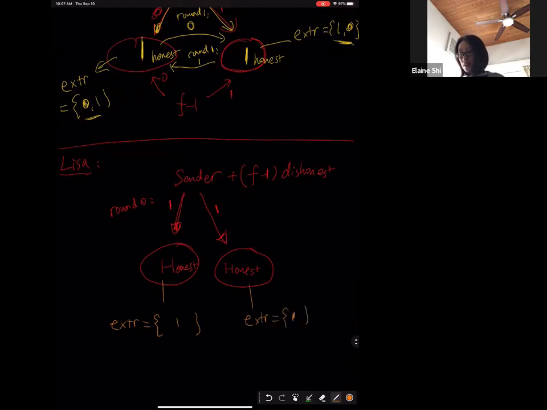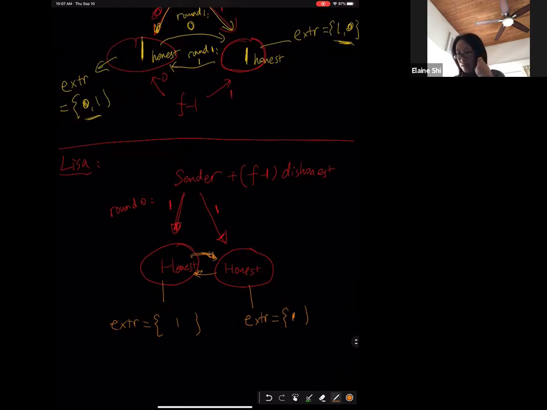And then the protocol continues. When the honest nodes add 1 to their extracted set, of course they inform each other that they have done so, but because everyone has done that, they'll receive the message, but the message doesn't trigger any more event.